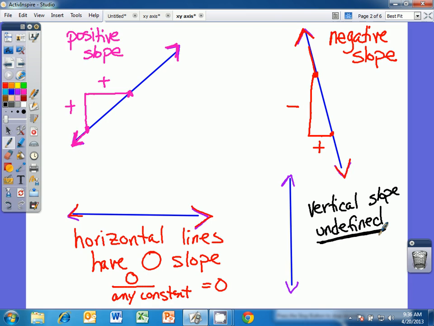Every x coordinate is the same on a vertical line. And so algebraically, that would look like any constant as my numerator, and I'm trying to divide by 0. We can't do that. And so this is undefined. So any vertical line has a slope that we call undefined.